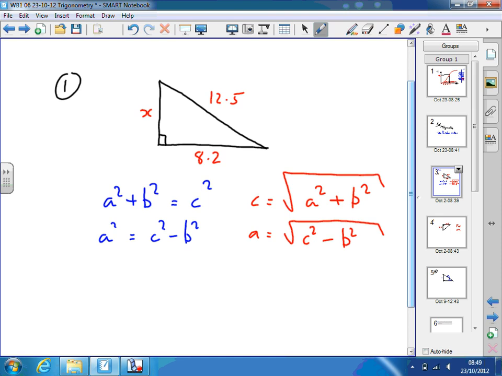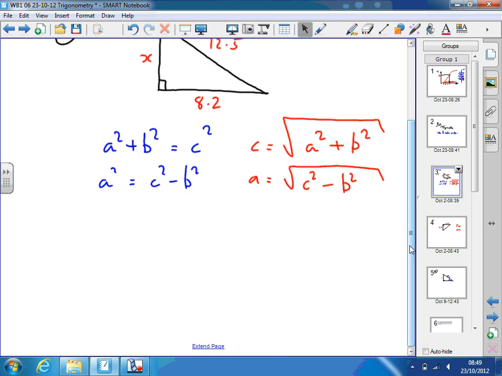A very, very familiar formula that you use when you're resolving forces, and all the time in anything to do with structural engineering when you're finding lengths of steel girders, etc. Right angles often. So that you should remember. I didn't give it to you, I was expecting you to remember that.